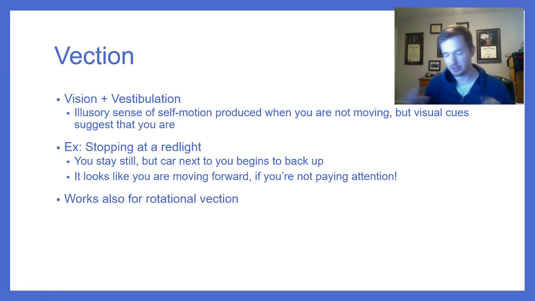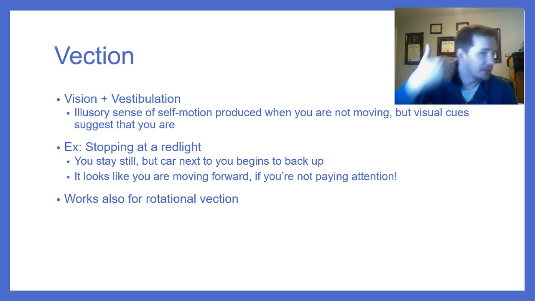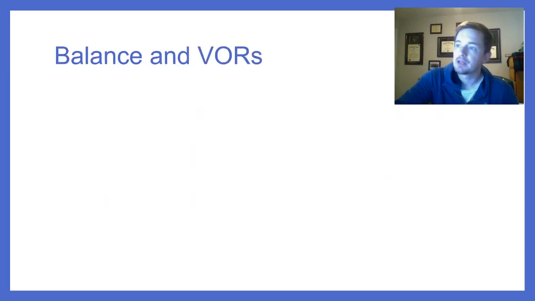The examples that I just gave you were moving forward and backwards. The same thing is true for rotation. In the textbook, there's an example of an experiment where they had circles that were rotating in front of somebody, and then they stopped them and moved them, and people felt like they were moving whenever they were standing still. So it's true for linear motion and for angular motion. So that's vection.